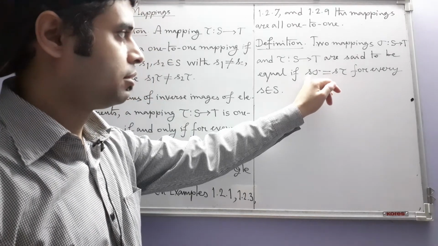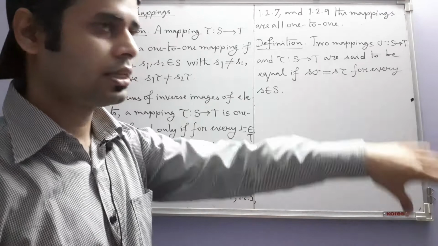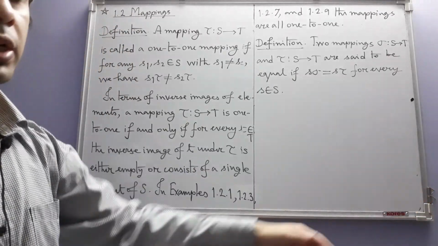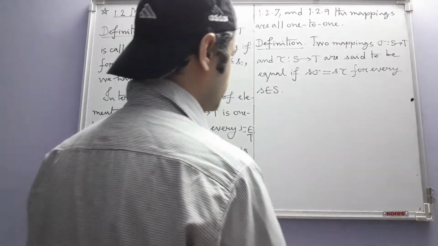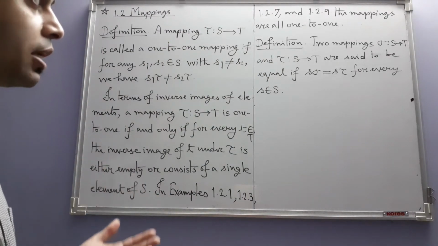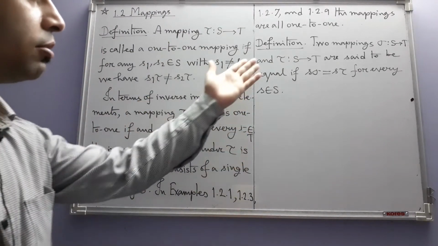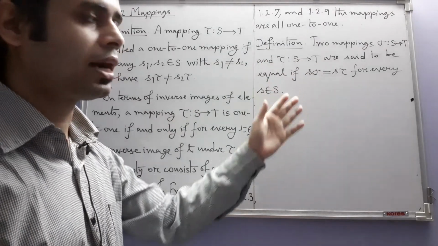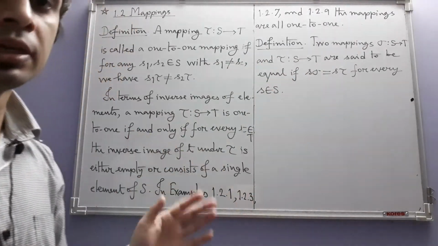They map the one element onto the same element as image. Okay, so that is the definition of equality of two mappings. In other words, to put it simply, two mappings are equal if they are the same in every respect.